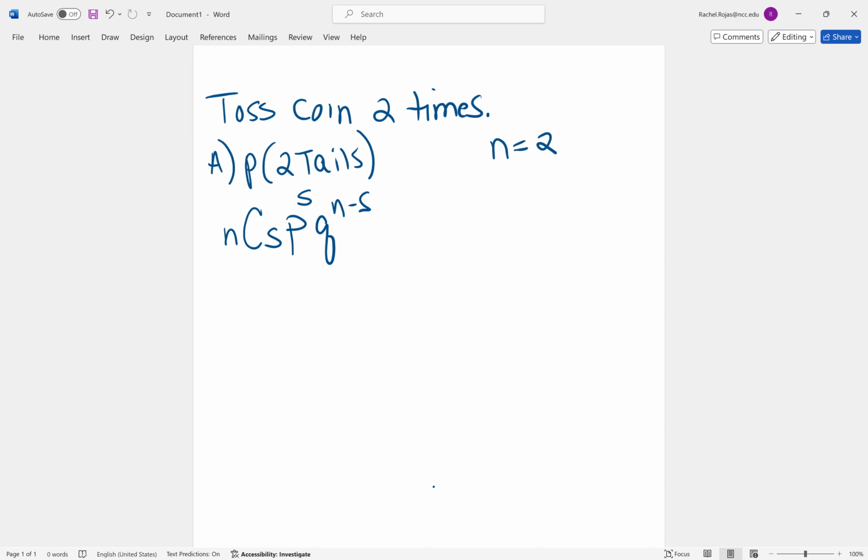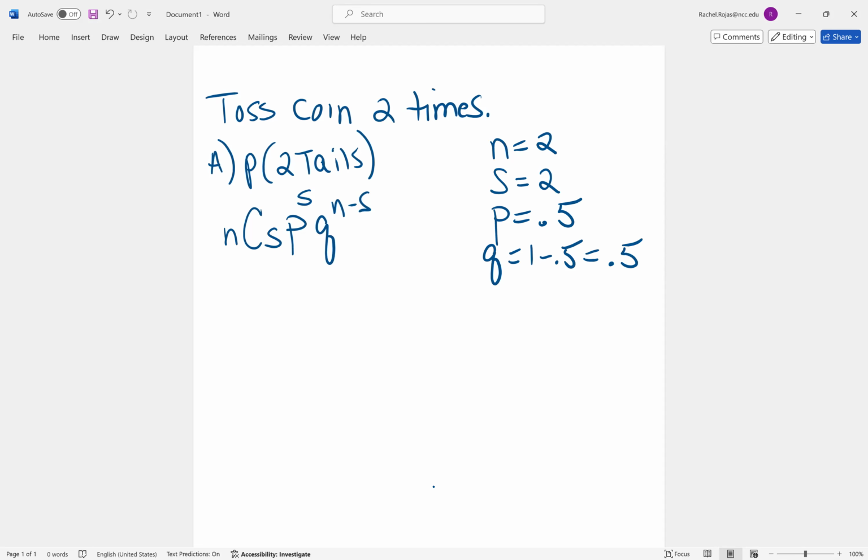We're interested in how many successes, where tail is considered a success. In part A, we wanted 2 successes, so we're calculating the probability that S equals 2. P, the probability of a success, or of getting a tail on any one trial, is 0.5. Q is equal to 1 minus P, or 1 minus 0.5, which is also 0.5.